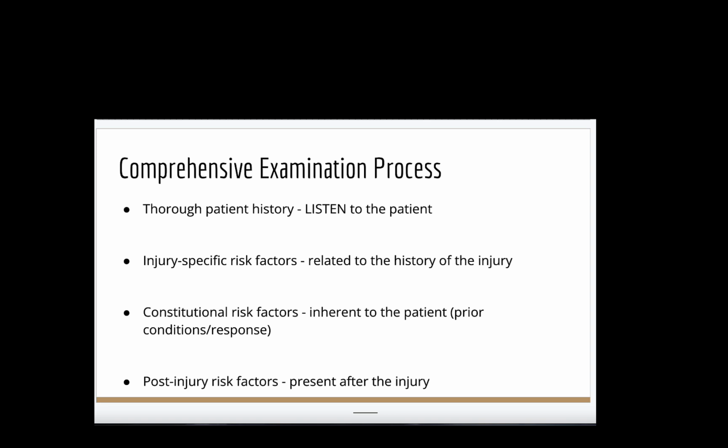You want to identify injury-specific risk factors, anything that might have related to the source or root cause of the injury itself. Then you might want to screen for constitutional risk factors. These are things that are inherent to the patient, maybe their prior conditions, something like their age or gender, because those do play a role in how likely somebody is to have a positive recovery post-concussion.